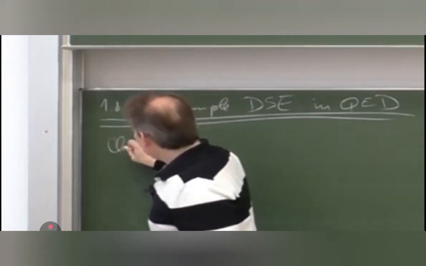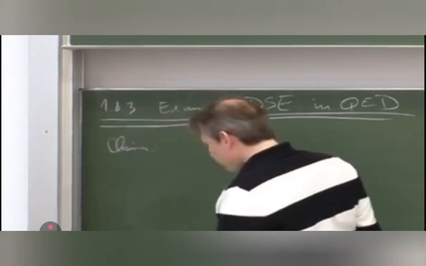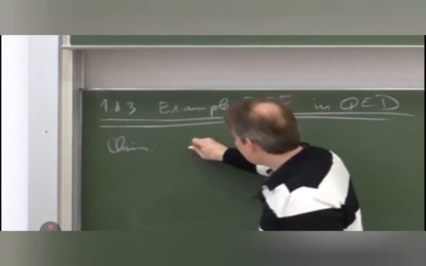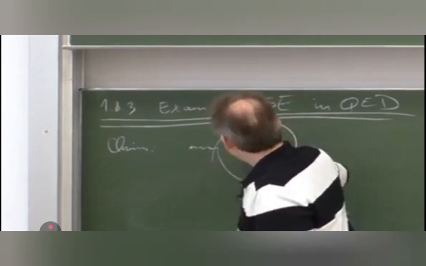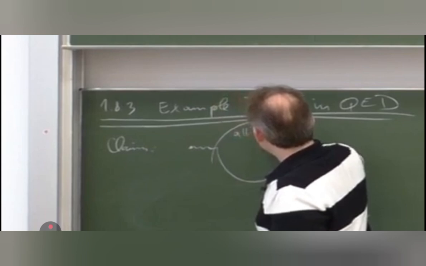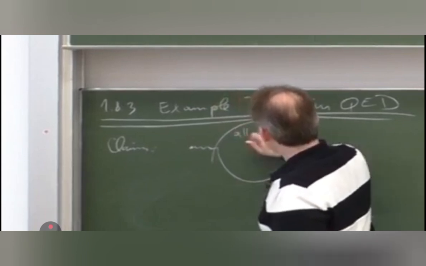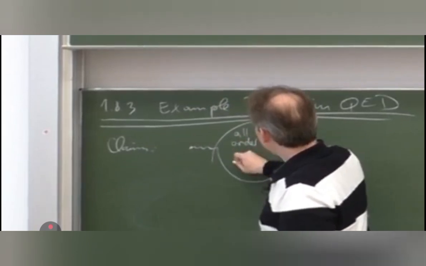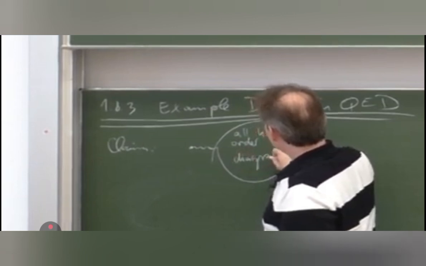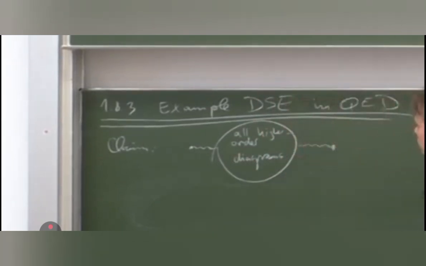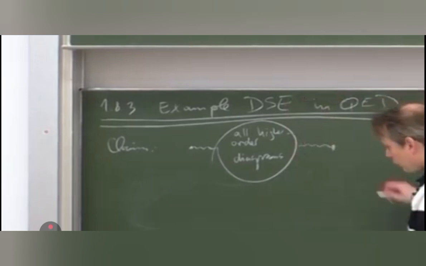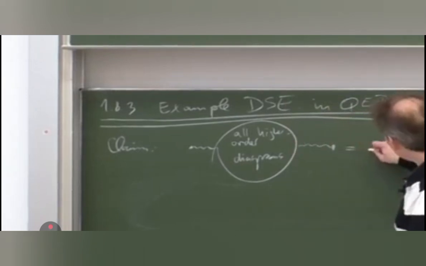I claim the following, and actually there was a misprint unfortunately on the blackboard at the last time. Namely, we have here all higher order diagrams. And unfortunately on the blackboard I wrote all diagrams, but it's only all higher order diagrams, and the result is this.